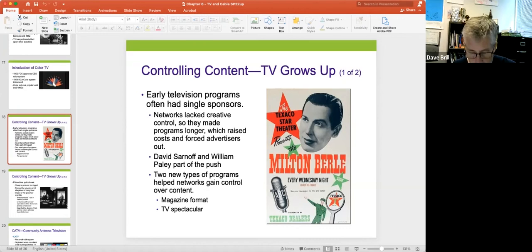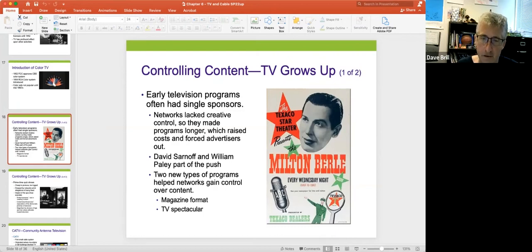Because they were daily shows rather than weekly, studio production costs were prohibitive for a single sponsor. So if you were a Texaco, for example, trying to sponsor a show, it was not financially feasible to sponsor these 3-hour shows on a daily basis. It just costs too much money to bankroll that.